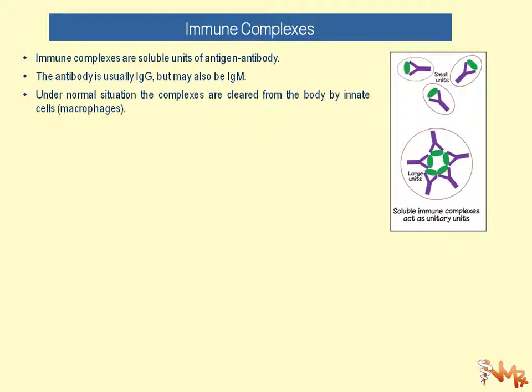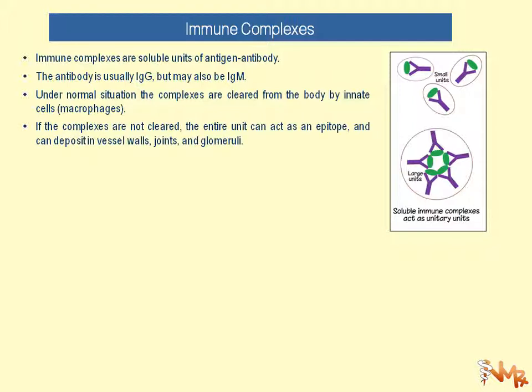Under normal situations, these complexes are cleared by the body by the innate cells in the spleen or in the liver. However, if these complexes are not cleared, the entire unit, that is, the antibody plus the antigen, acts as an epitope and can deposit on the vessel walls, in the joints, and in the glomeruli.